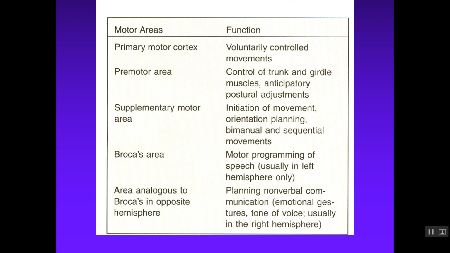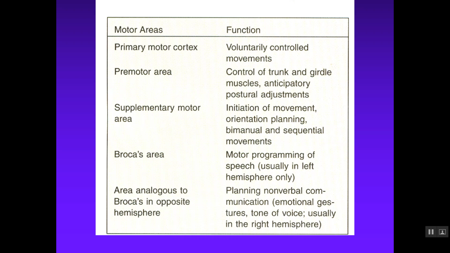The premotor area is for control mainly of trunk and girdle muscles and making anticipatory postural adjustments so that, hey, I've done this task before. I'm anticipating it's going to be similar to what I've done before. My premotor area is going to set up that when I voluntarily move my arm, I'm going to be likely to be more successful because I know that I better turn on my paraspinals to counteract my arm reaching out here.